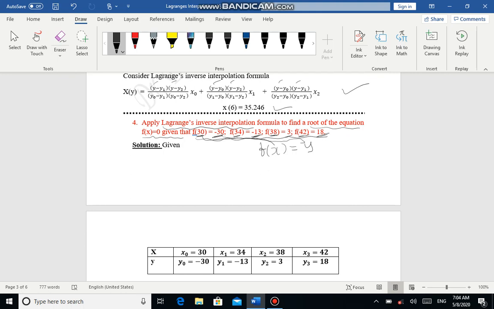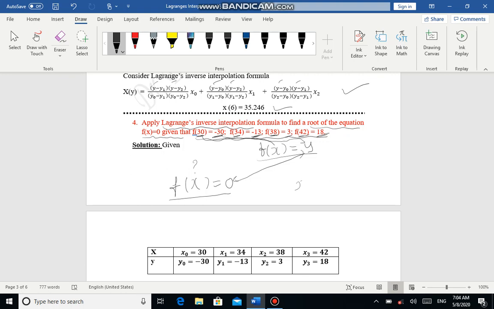And we are finding, apply Lagrange's inverse interpolation formula to find the root of the equation f of x is equal to 0. So compare this expression with the given. Which one is given here? y is equal to 0 is given. At what point of x? We don't know.